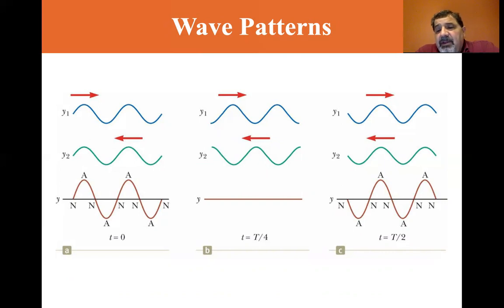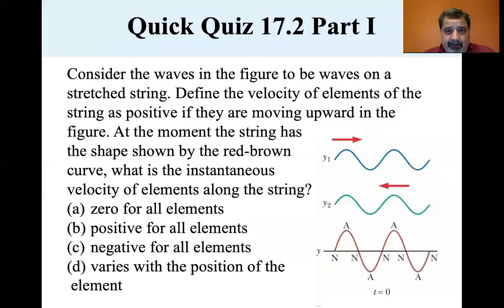And then at 1/4 of a period, half a period, they're back in phase. In other words, we started off with both of them going up. Now they're both going down as these waves travel in the velocities indicated.